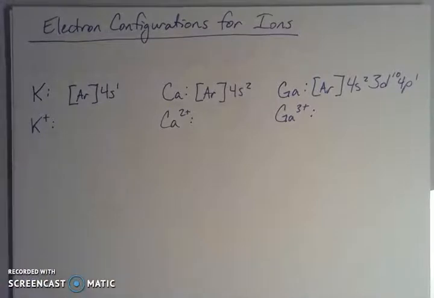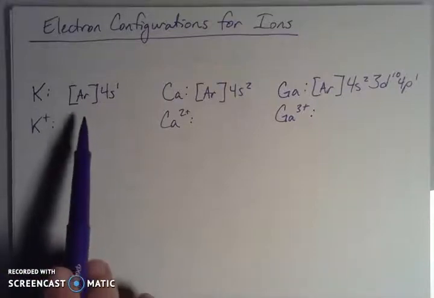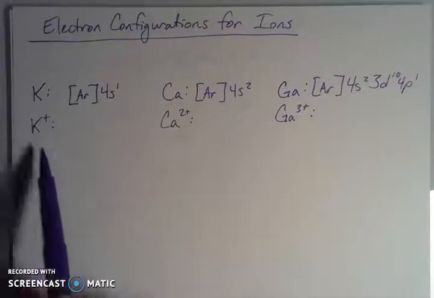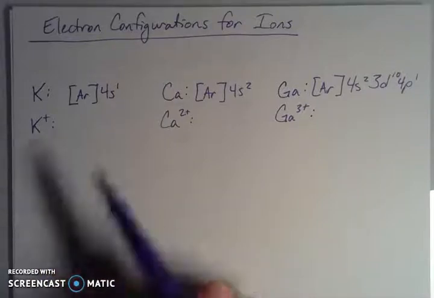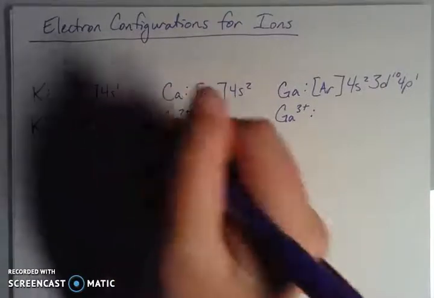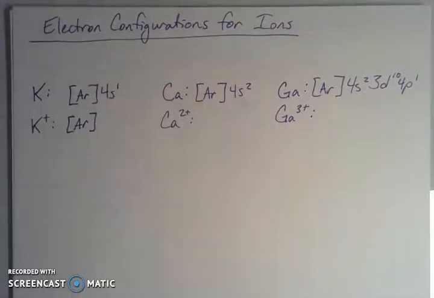Okay, so the noble gas configuration, or the abbreviated configuration for potassium, is argon 4s1. So I went up to the noble gas before, and then I counted over into the s block, and it's 1 over. When I lose the valence electron, when I lose my highest energy electron, all that's left over is the electron configuration of argon, right? It lost that 1 4s.